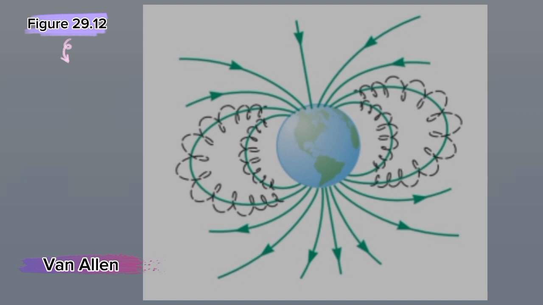Auroras are usually confined to the polar regions because the Van Allen belts are nearest the Earth's surface there. Occasionally, though, solar activity causes a larger number of charged particles to enter the belts and significantly distort the normal magnetic field lines associated with the Earth. In this situation, an aurora can sometimes be seen at lower latitudes.